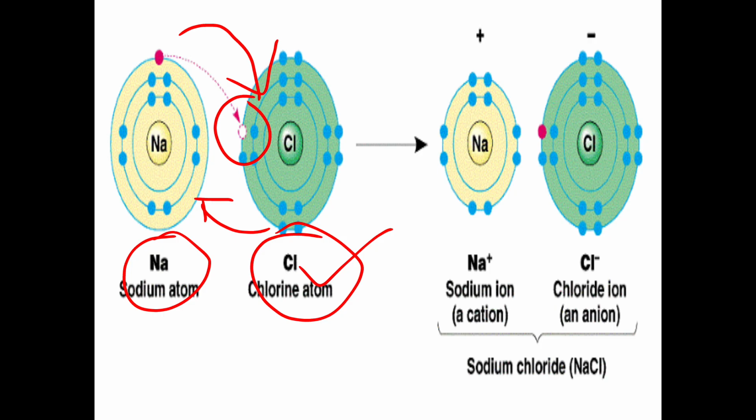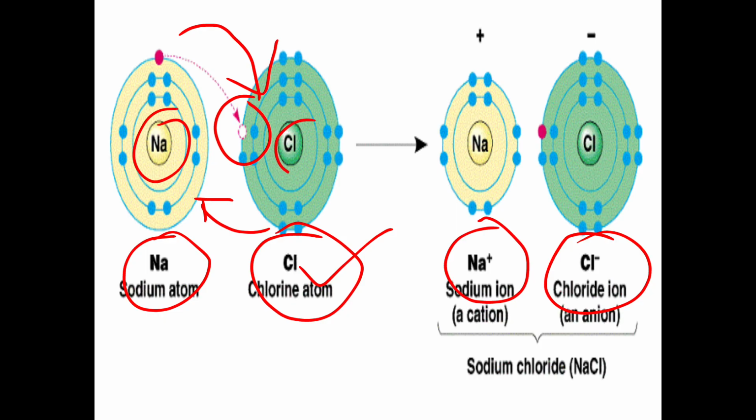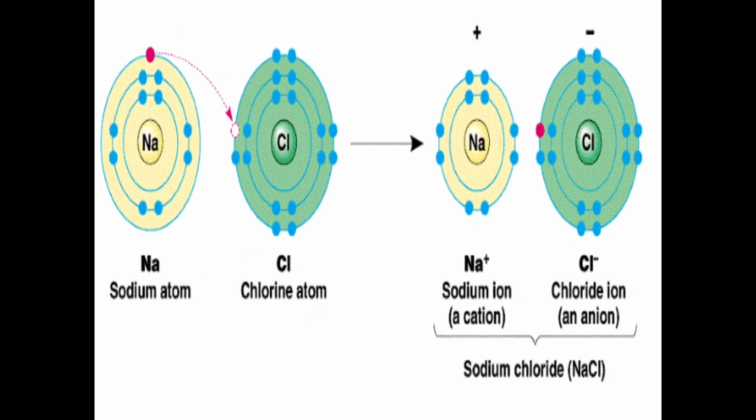The number of donation or acceptance of electron here is 1. For sodium it's also 1, for chlorine it's also 1. This number of electrons which can be donated from the sodium or the chlorine or any other elements is called the valency.